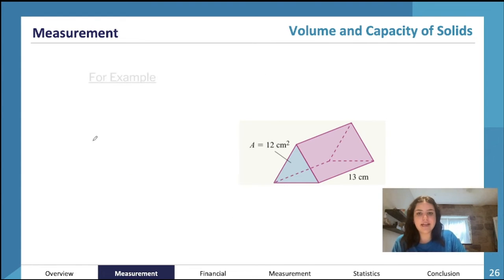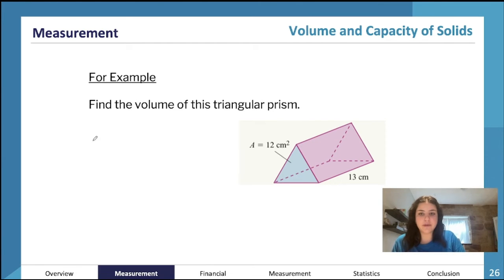So let's take a look at this example. Find the volume of this triangular prism. So our volume is going to be our area times our height. So how do we do this?